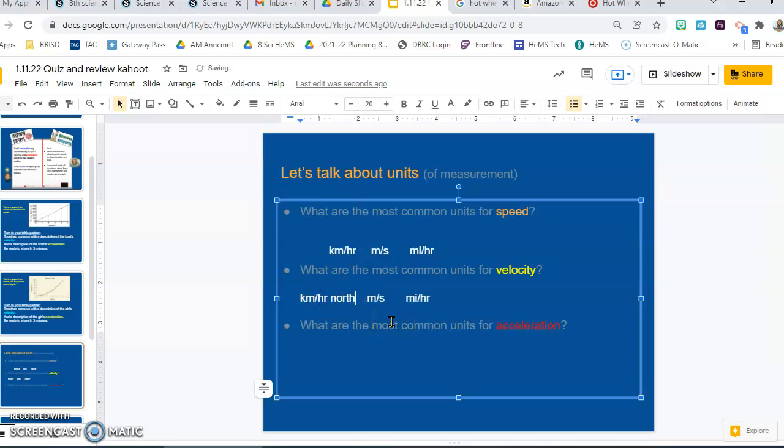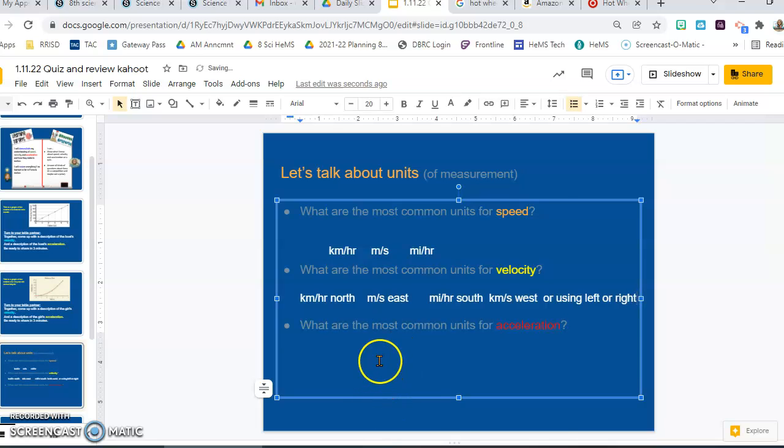The most common is like north, east, south, could be west. So we have kilometers per second, because we're going to go west. You can go left or right, but these are the most common.